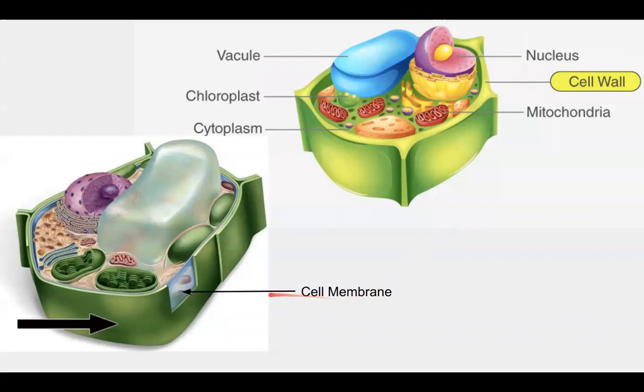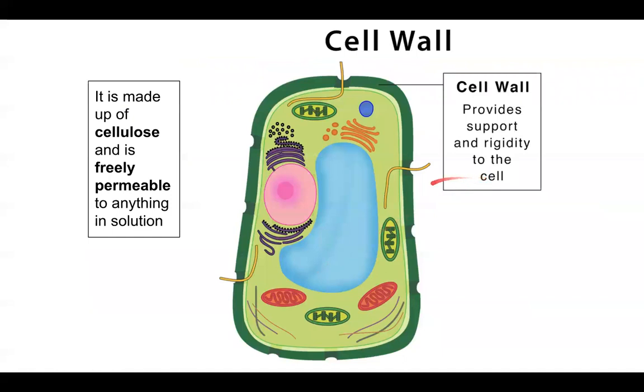Now, the cell wall is giving rigidity and support to the plant cell. The cell membrane is inside. The cell wall is made up of cellulose, and it is freely permeable to anything in solution. Something which is dissolved in water can rapidly pass through the cell wall. The cell wall will not stop it.